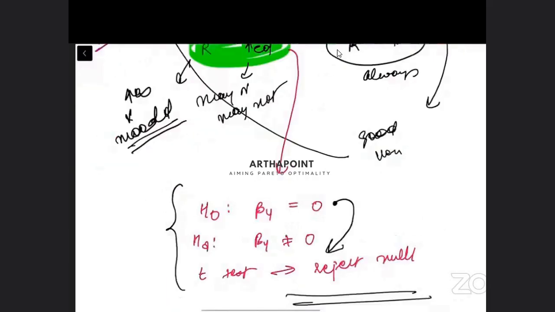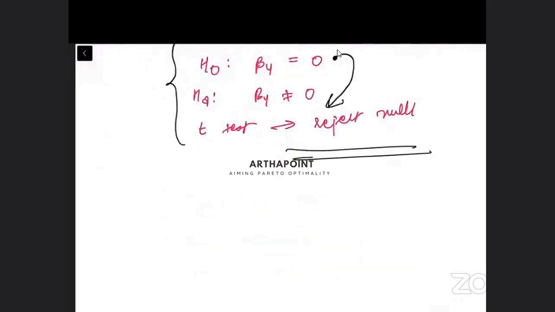So actually, to give you an example, suppose I make the next model, yi equal to beta 1 plus beta 2 x2i plus beta 3 x3i plus beta 4 x4i plus ui.